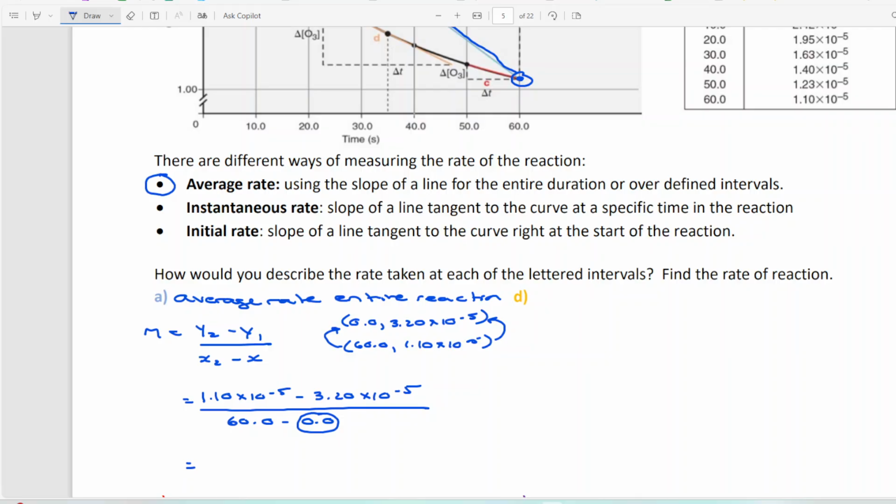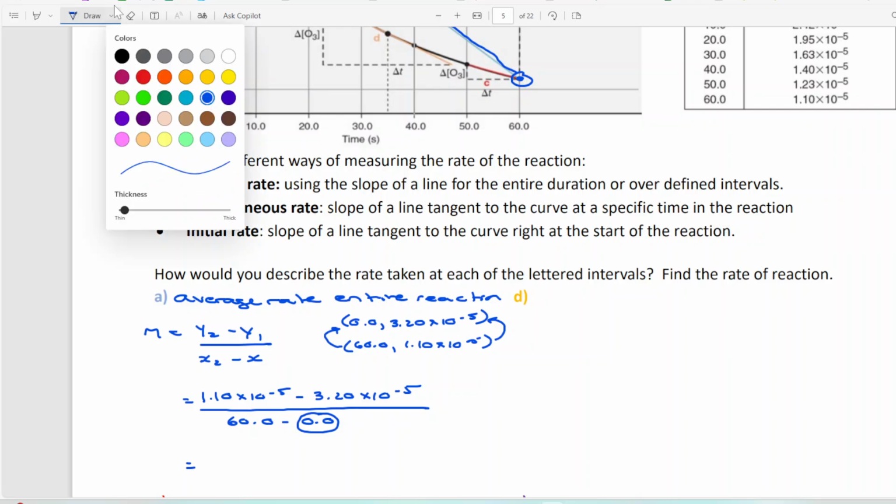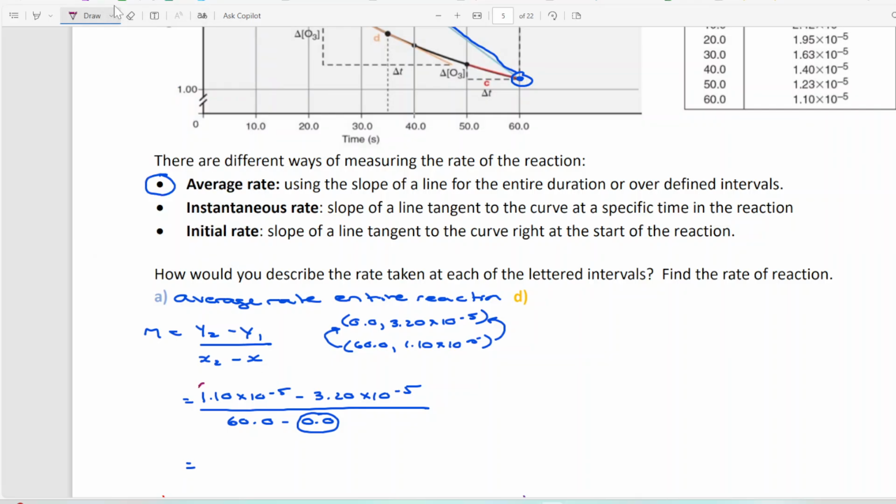But I'm going to do 1.10 times 10 to the negative 5 minus 3.2 times 10 to the negative 5, and then hit equals. You have to make sure that you tell your calculator to do this calculation before it does the other calculation. So for me, I plug in my numerator and hit equals, then I hit divided by, and it says answer divided by, and then 60.